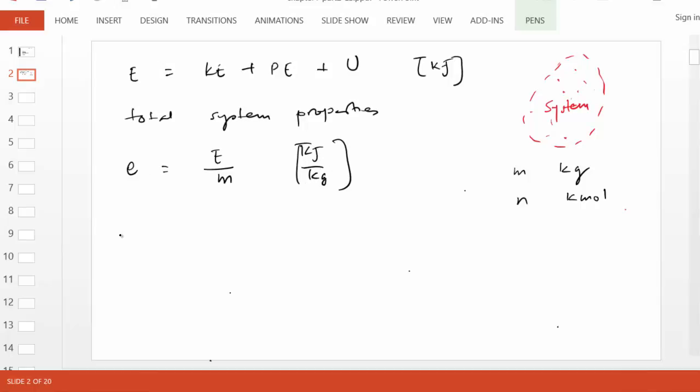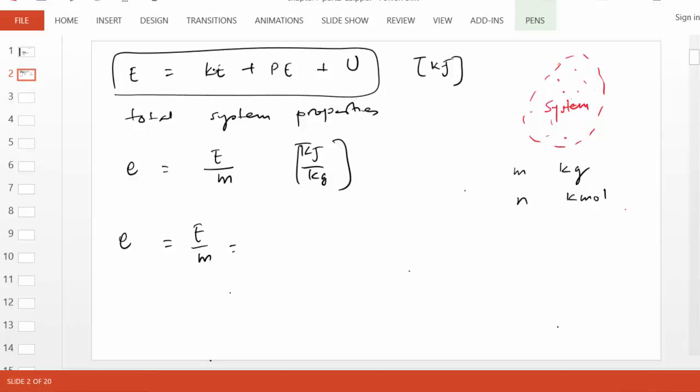So what would be the definition of small e? It would be capital E over m, and if I divide each quantity in this expression by m, it becomes KE over m, PE over m plus U over m. And our convention will be specific properties will use lowercase letters.